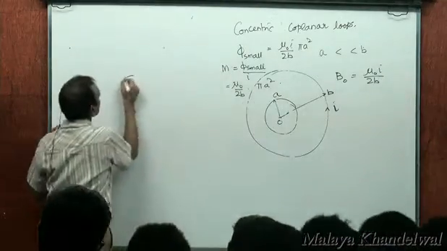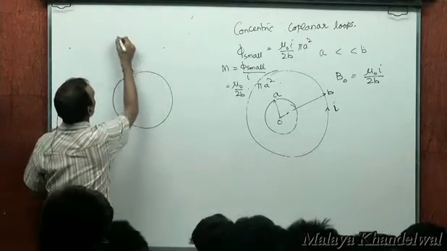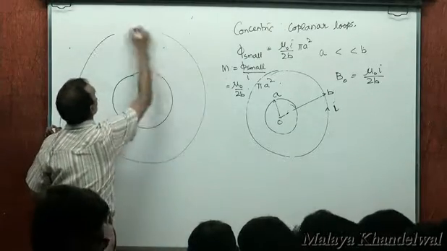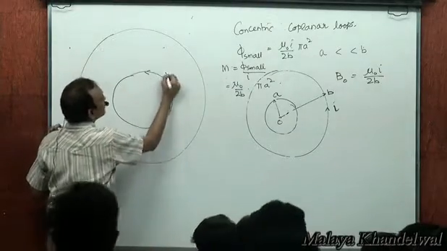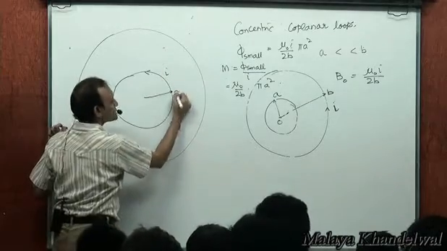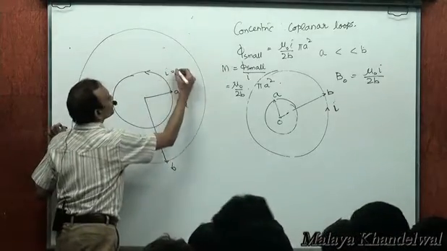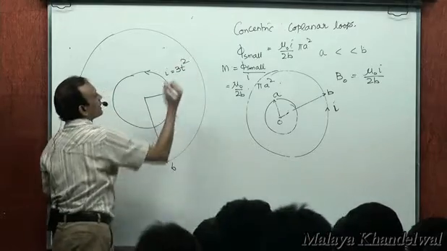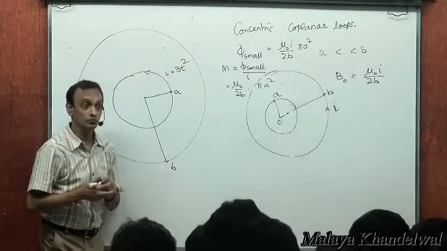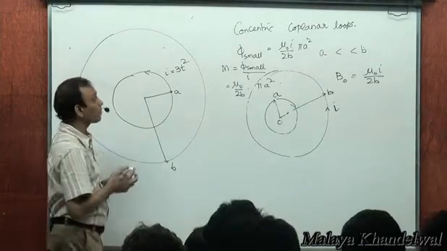There is a current driven through the smaller one, same pair, which is say 3t squared as the current as a function of time through the smaller one, right?